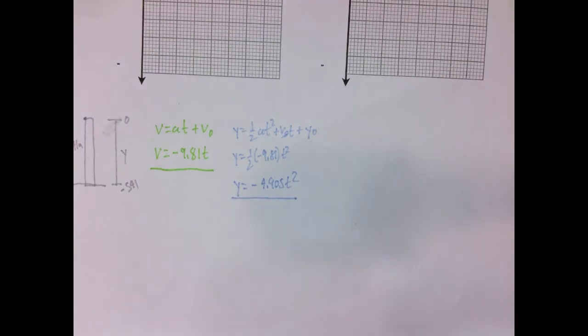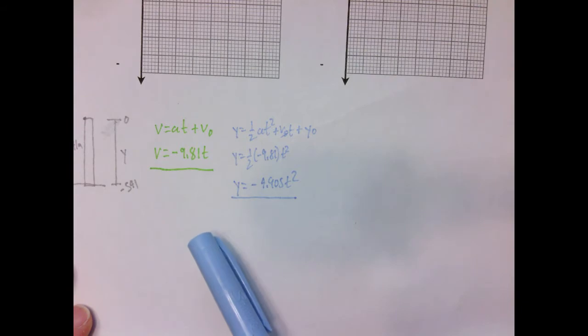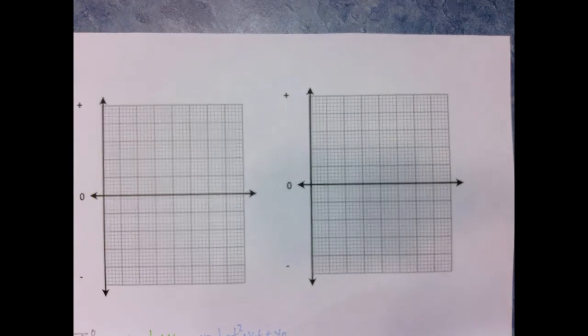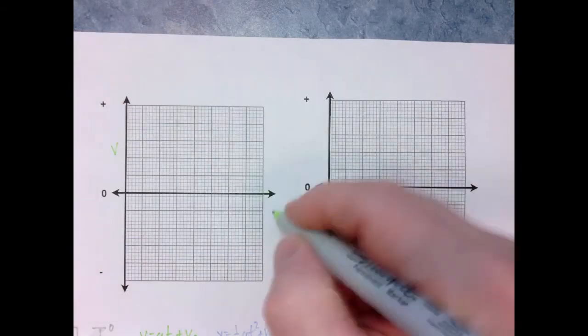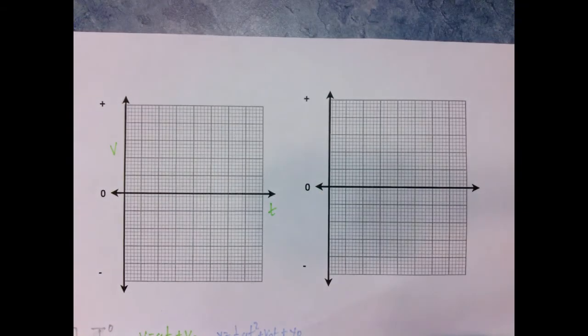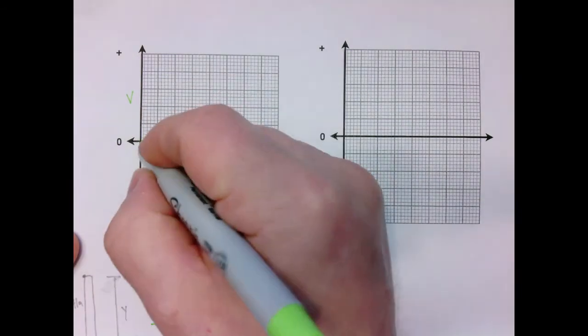So if we want to find the velocity at impact, before we do any solving, we want to graph these so we can have a sense of what our answer will be ahead of time. So we have velocity and time, like so. And our velocity, we know, starts at 0. That's the easy part. It's dropped from rest.